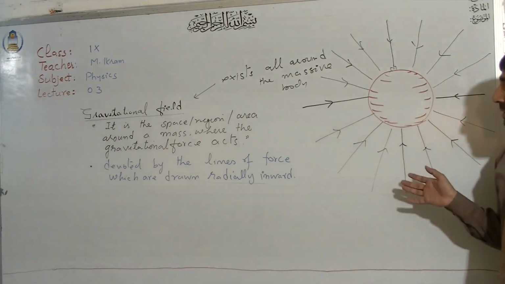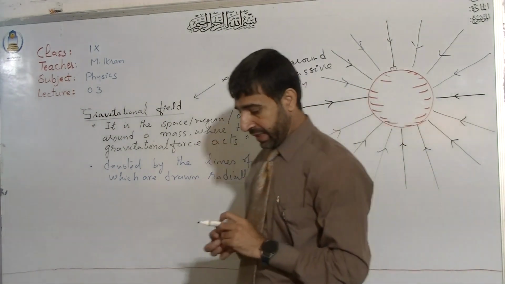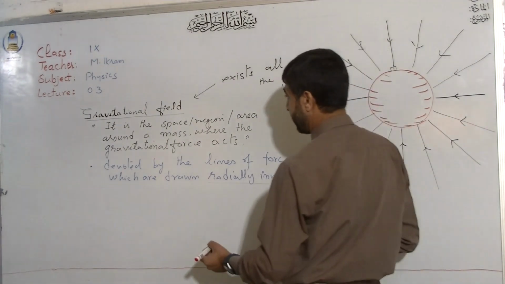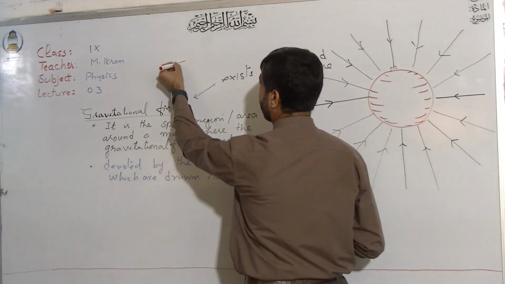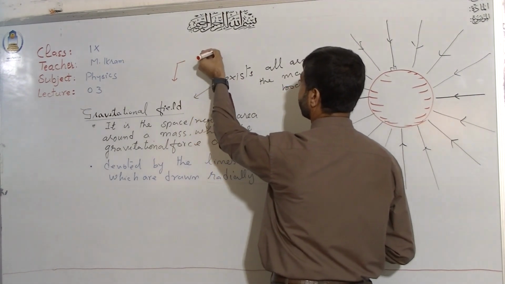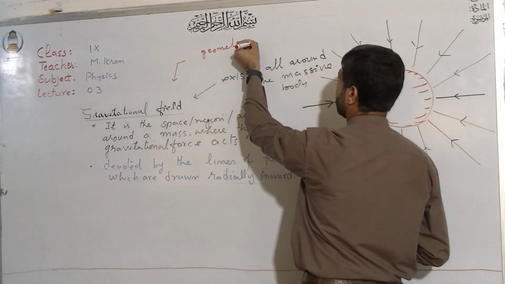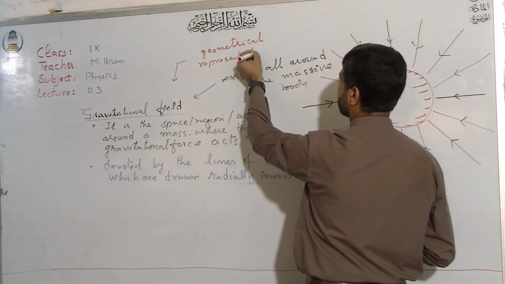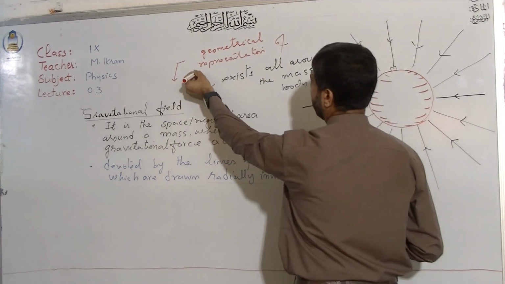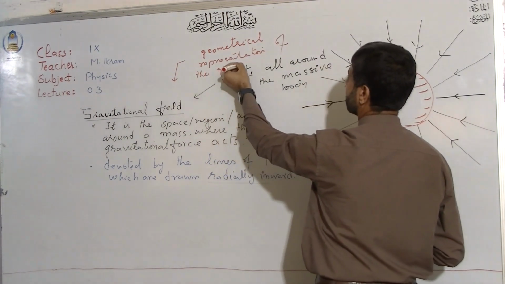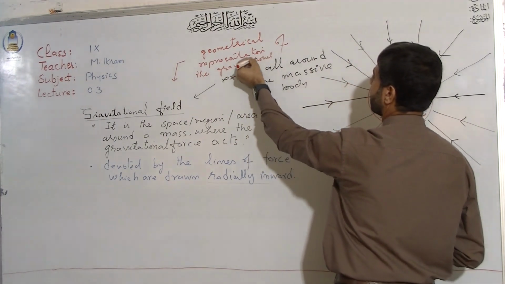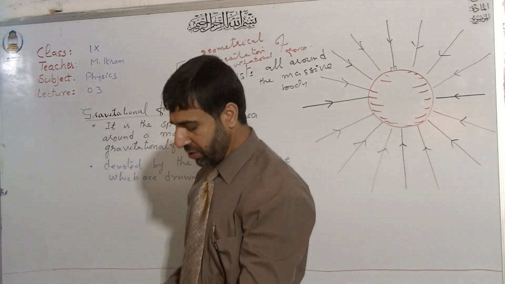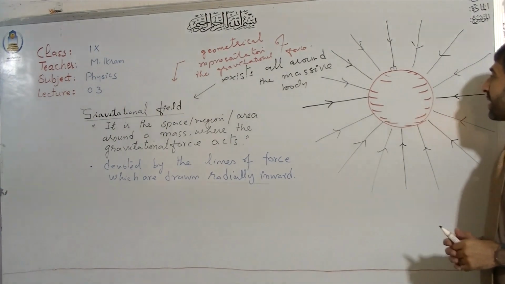Now, look, in my opinion the gravitational field lines are, in fact, the geometrical representation of the gravitational force. We can see that it can even represent your universal law of gravitation.